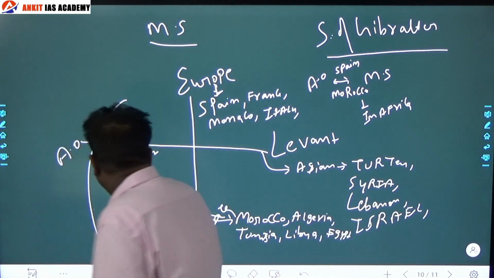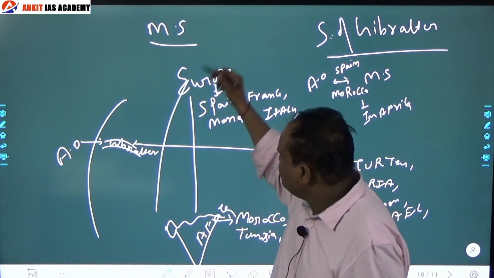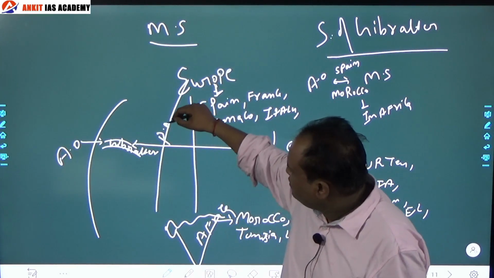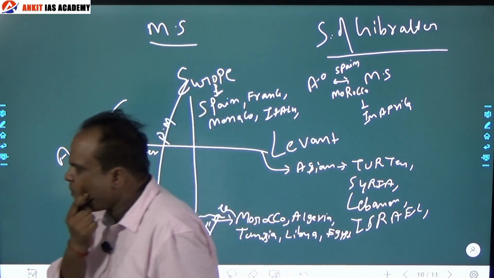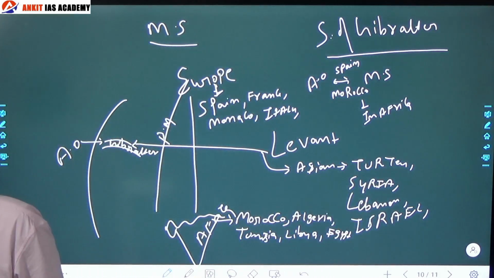One more thing, just remember, they will not ask you, however, prime meridian also passes through the Mediterranean Sea. Just remember this.